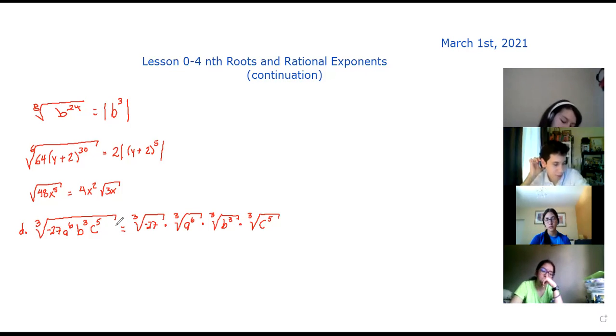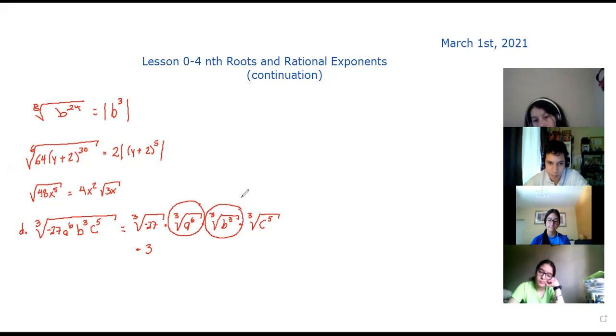Yes. Okay. Now, I am going to simplify each radical individually. We already know that the cubic root of negative 27 is negative 3. Now, the property that I am going to use to simplify these radicals, this one and this one, is the property that tells me that I can rewrite the radical as a power with a rational exponent.